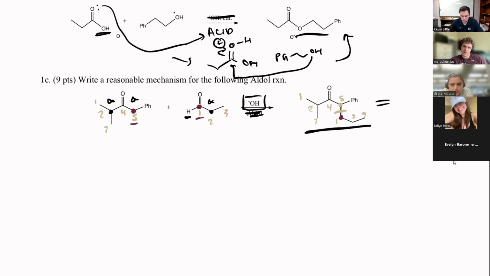Carbon 1 can? How? Does it have an alpha proton? Oh, wait, no. Does 5 have an alpha proton I could take? Yes. So which alpha proton do I need to take to get to this final product? The one off of carbon 5. I need to take this alpha proton because it is the one on 5.